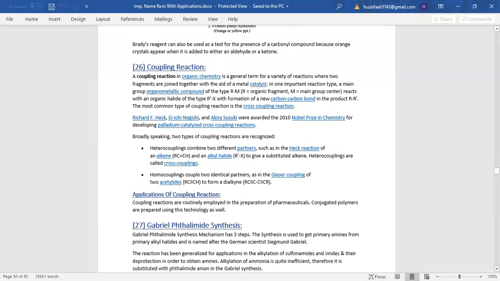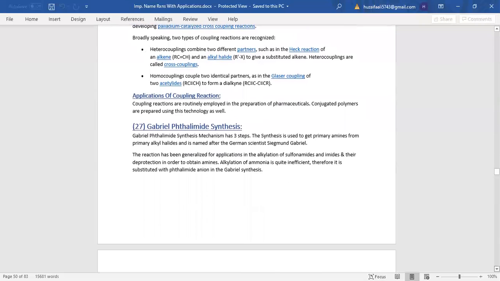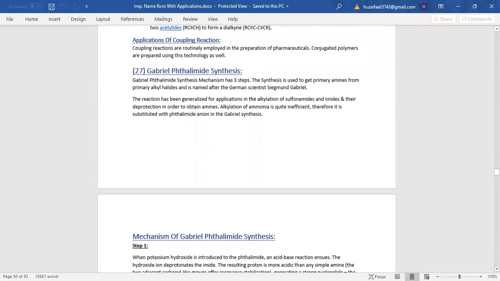Homocouplings couple two identical partners, such as the Glaser coupling of two acetylides to form a diyne. Applications: coupling reactions are routinely employed in the production of pharmaceuticals. Conjugated polymers are prepared using the technology as well.